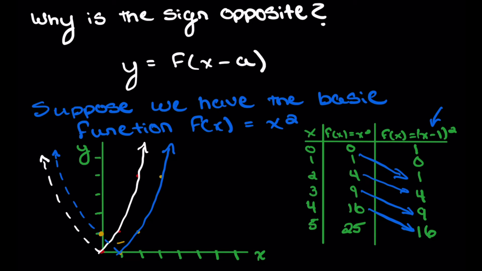For each of the values in this x squared column, the same value occurs 1 lower. This proves that x minus 1 technically means we need an x value that's 1 greater, hence why we shift it to the right to maintain the same y value.